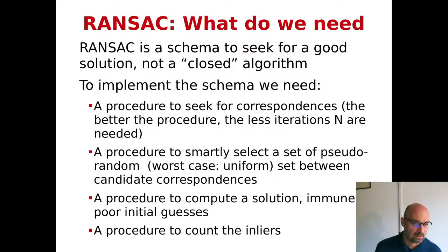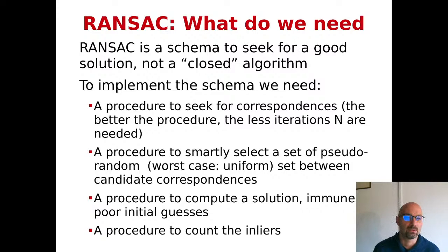Finally, the last thing that I need to implement RANSAC on a problem is a procedure to count the inliers. Okay, now that I have computed a solution, how do I determine which point is which? To this extent, you might use something which is domain dependent, or in case you have correspondences given externally, you could use the error, the chi-square of that correspondence, to figure out whether it is an inlier or not.